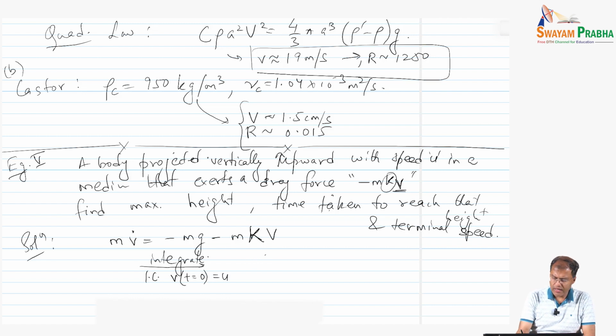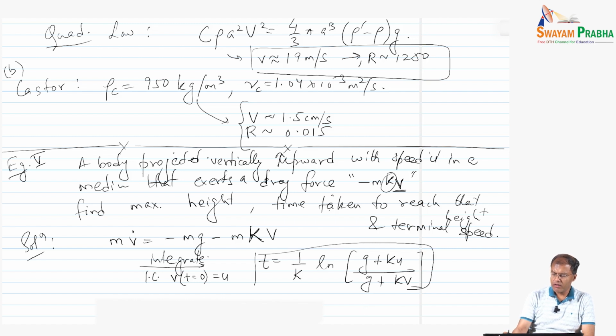After integrating, we can immediately find the time taken is 1 over k times log of (g plus ku) divided by (g plus kv).